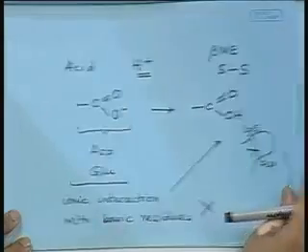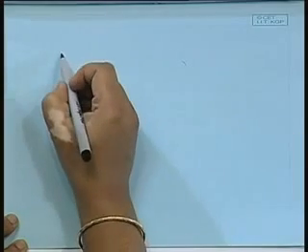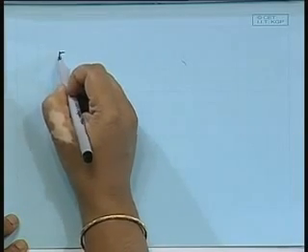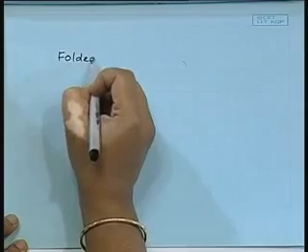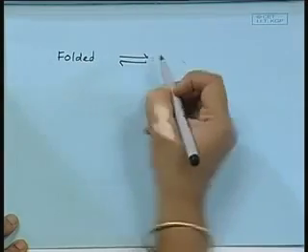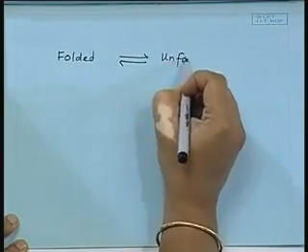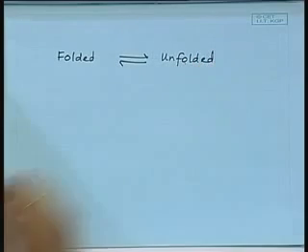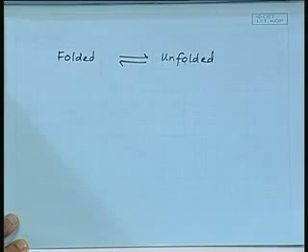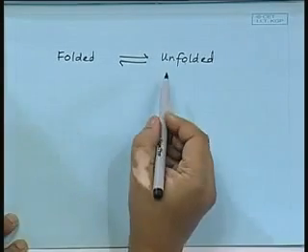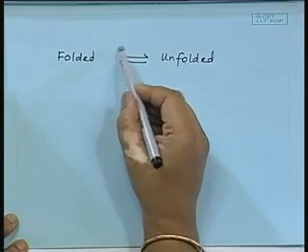So what we can do is we can go from a folded form to an unfolded form by denaturing the protein. You can also, what is called, renature the protein in some cases. So what you would have to do is, say you added urea.